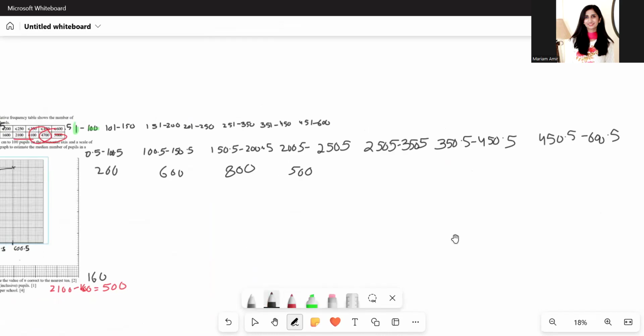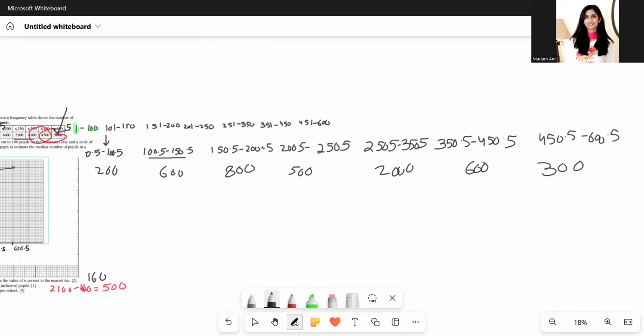So 2000, 600, 300. Now to find the mean, you will find the midpoint of these two by adding these two together and dividing it by 2, then times 200 plus the midpoint of these two times 600 and so on all the way till the end, divided by the total frequency, which is 5000 in this question.